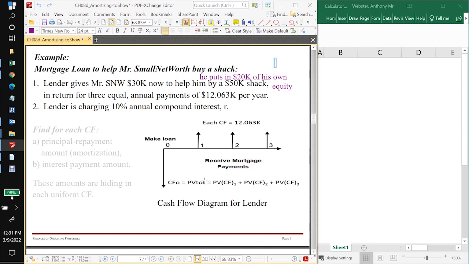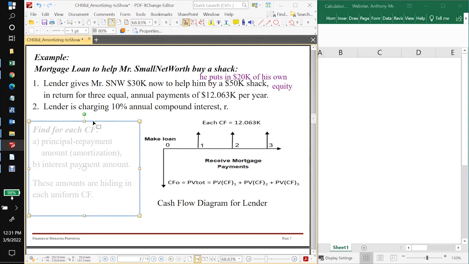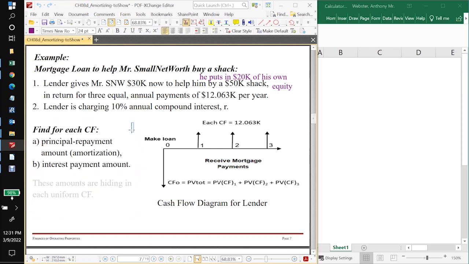So here's what the cash flow diagram looks like for, in this case, the lender. They have the negative amount, CF0, going out in return for these future payments, all equal, 3 of them, at $12,063K. And for each cash flow, we'd like to find the principal repayment amount.